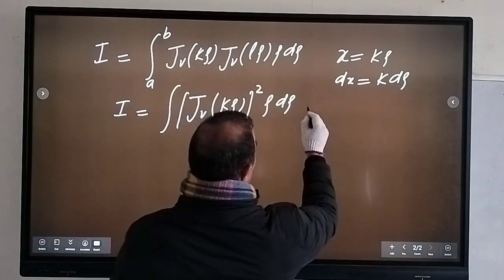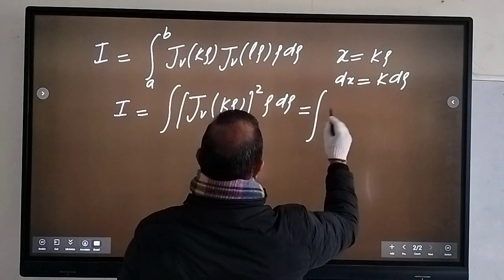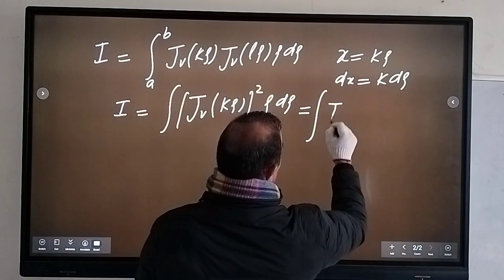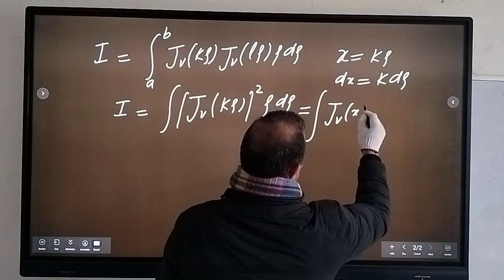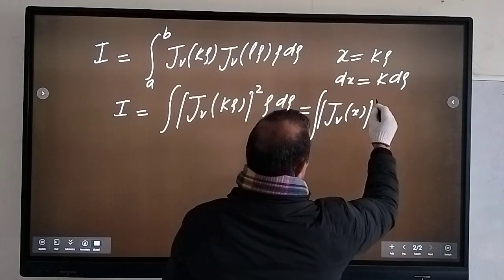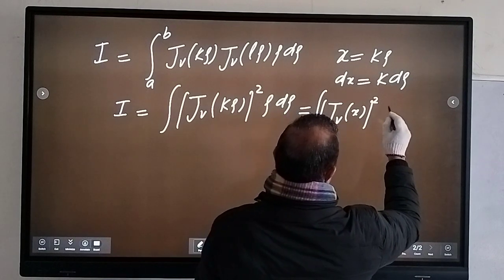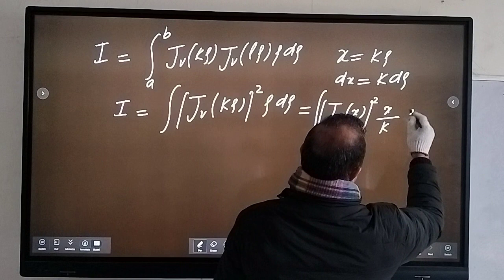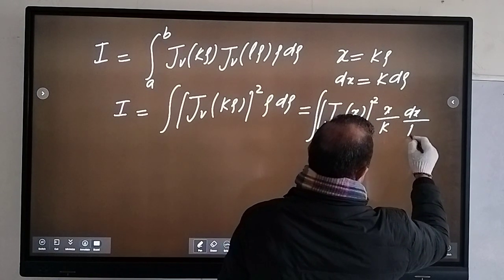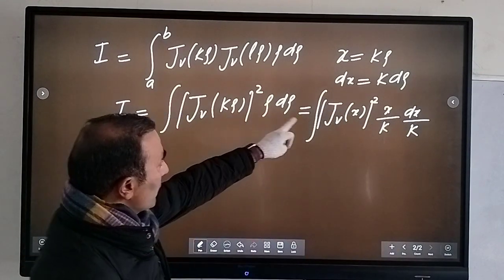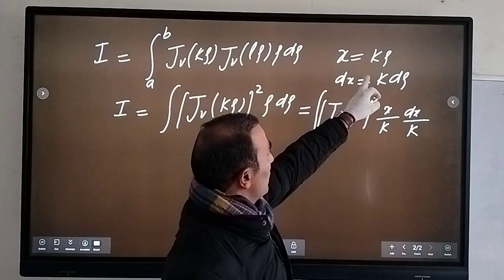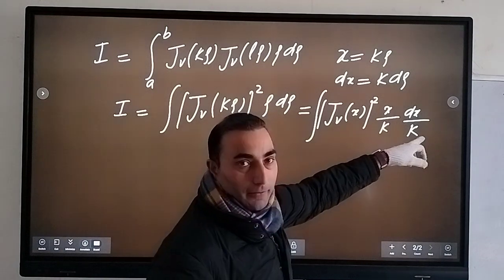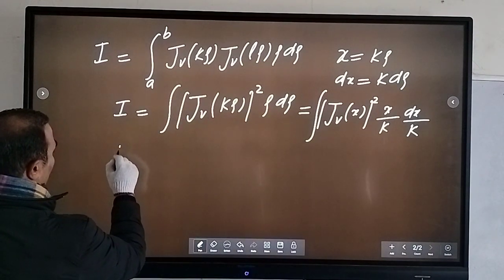Or this will be equal to the integral of J_v of x whole square, x by k, and dx upon k, right? Because our rho is equal to x by k, and d rho will be equal to dx divided by k, right?